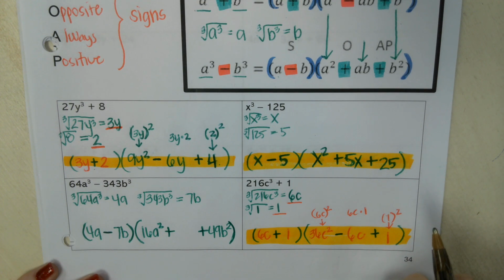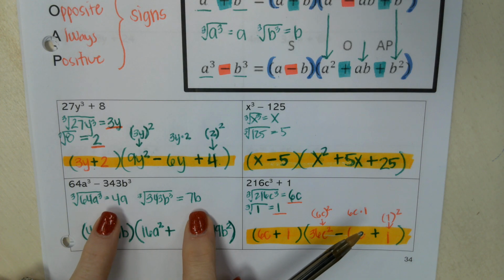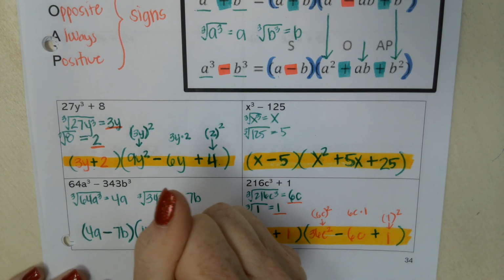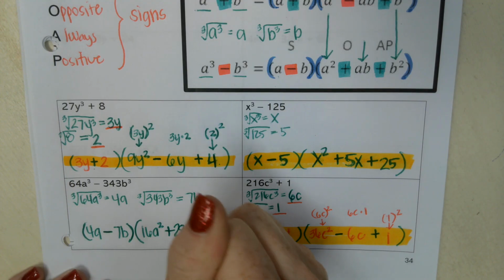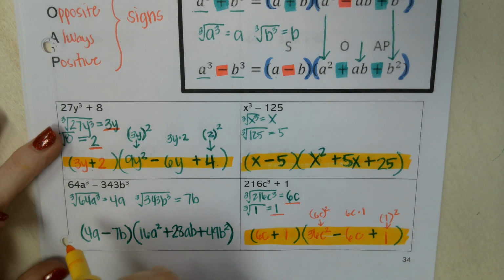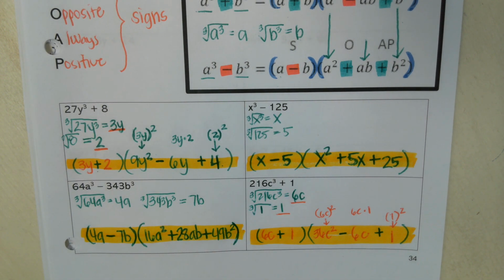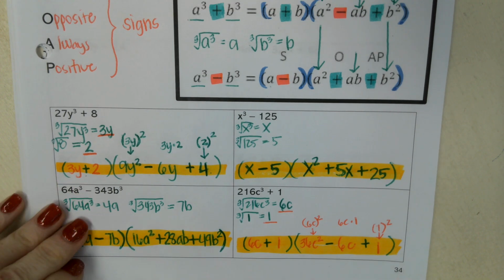Now here, I'm multiplying these two things together. So 4 times 7 is 28, and then you just attach the ab. No matter how many variables it has, it's fine.